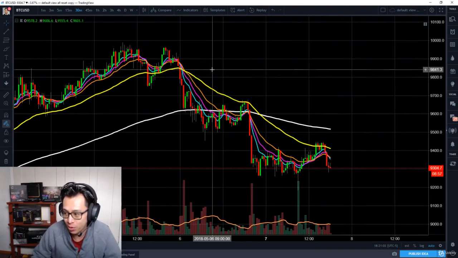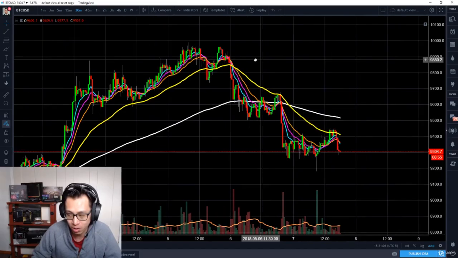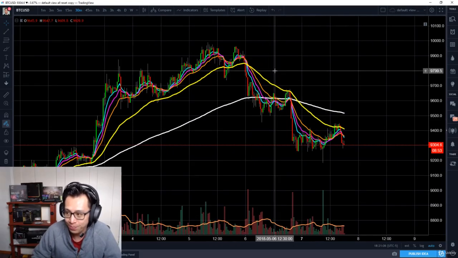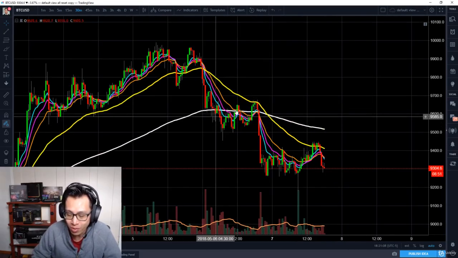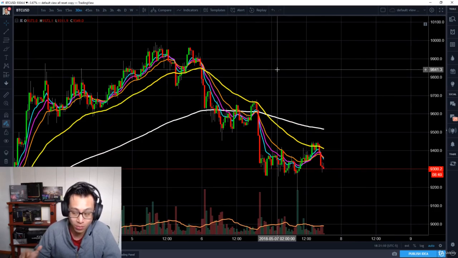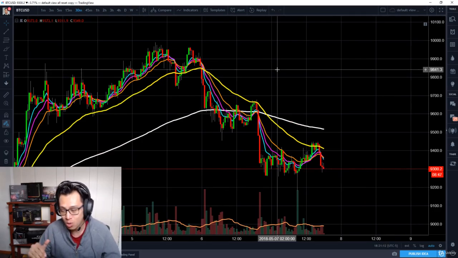Let's talk about the 30-minute chart, for example, right here, okay? What we see is that whenever, once again, the candles and the price action move below these moving averages, for example, if it moves below the 55 moving average, then we're basically confirming a shorter term downtrend, right?